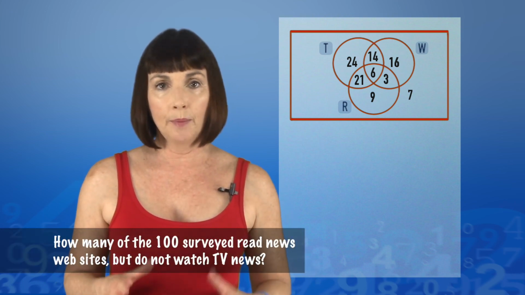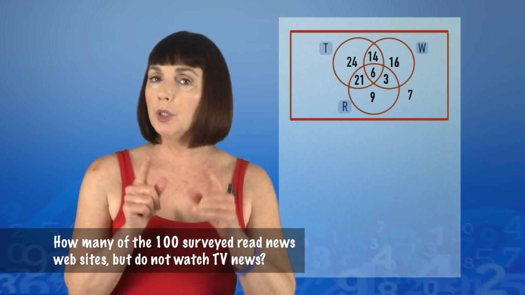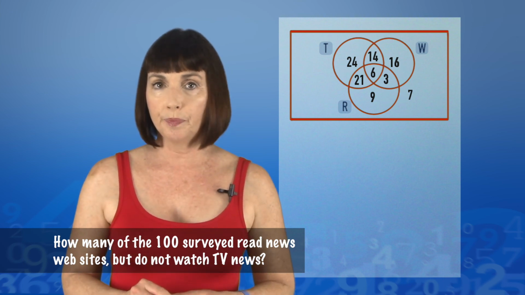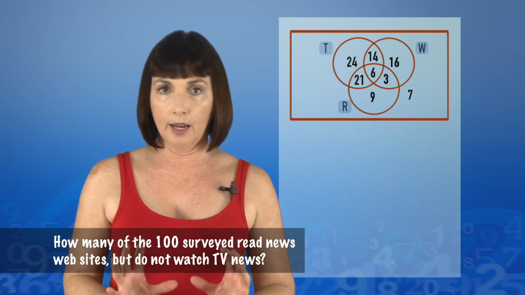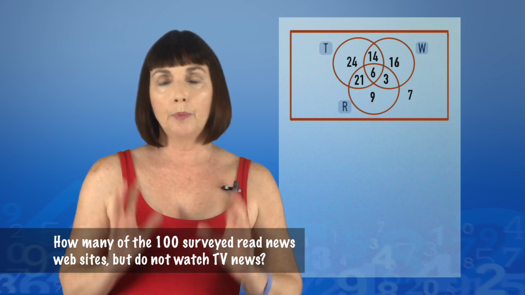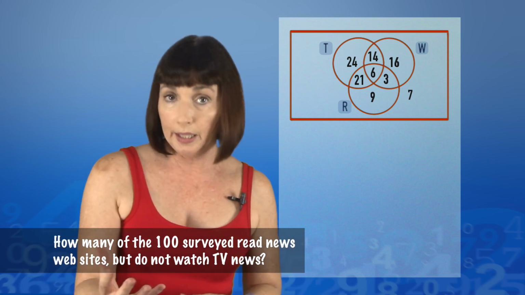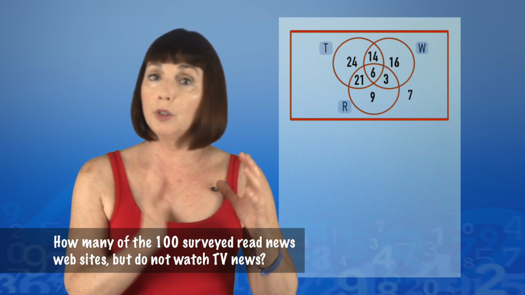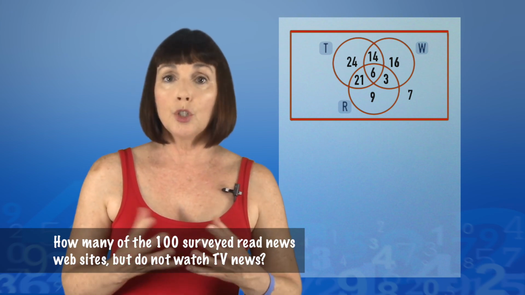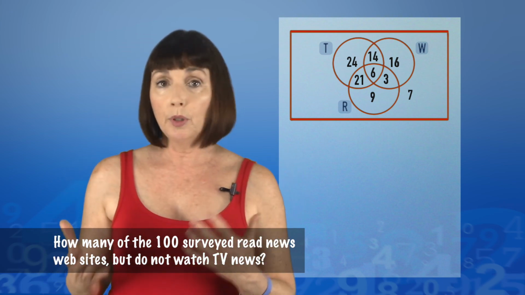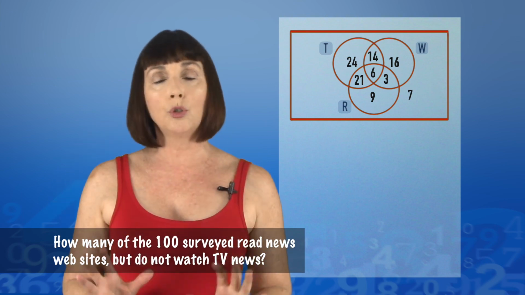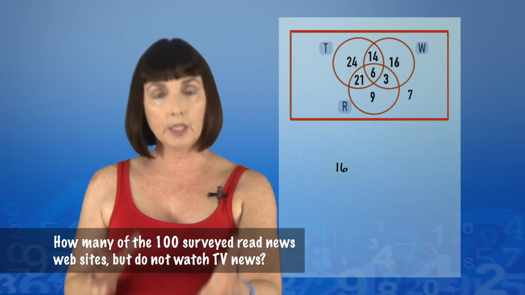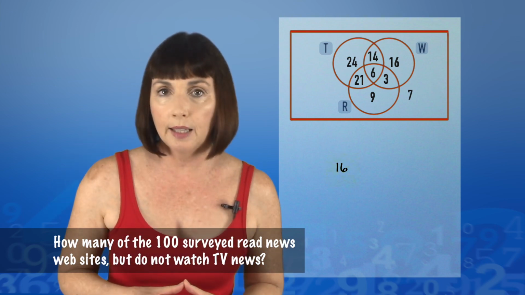Okay, here's another question. Of the 100 people surveyed, how many of them read news websites but do not watch TV news? So let's look at our diagram. We need to find the people who read news websites but don't watch TV. So there are 16 people, according to our diagram, who just use news websites to get their news. So we have 16. Who else do we have to add in there?